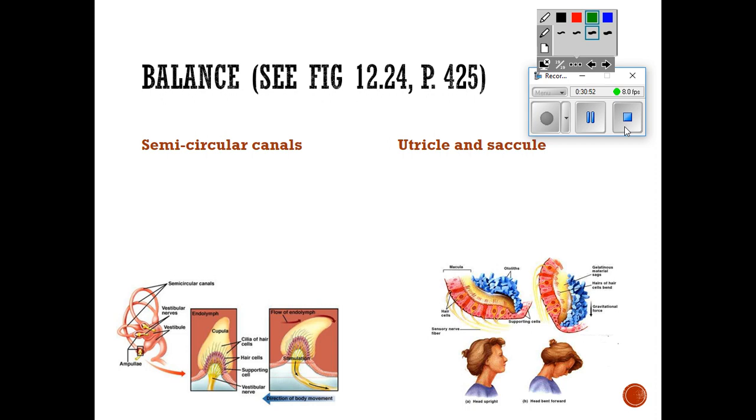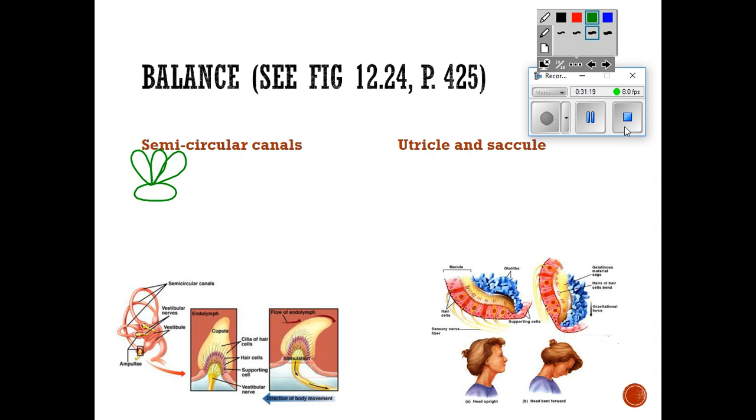So if you look at their name, semicircular, they look sort of like this. I think it looks like the top of a carrot, maybe, if you draw it. A beet, sure, a beet. But basically what we're looking at is three half circles, so semicircular canals.